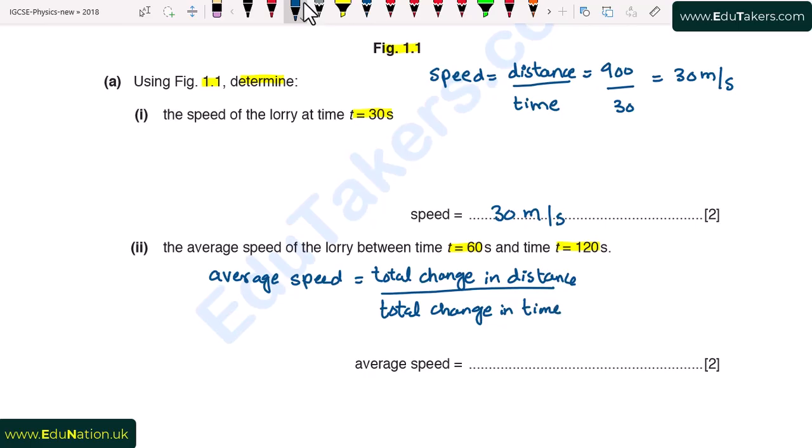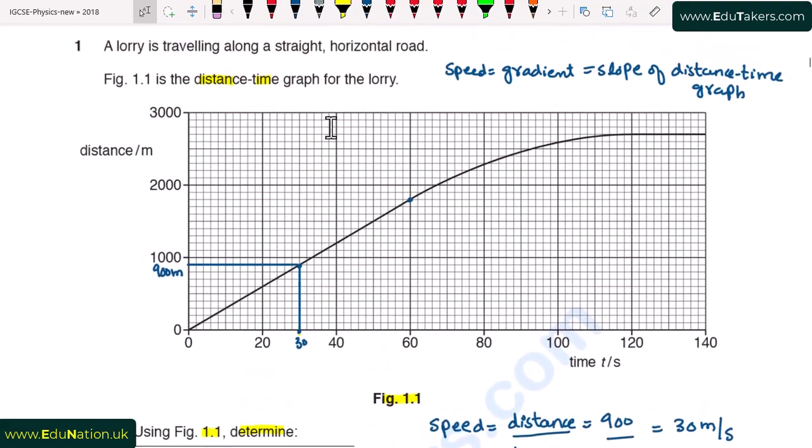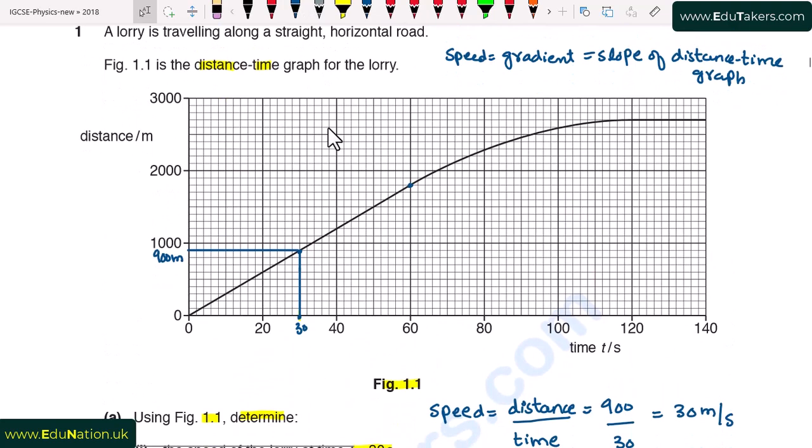Because we have to find the average speed between two points, at time t equal to 60 and 120 seconds. So going back to the graph, 60 seconds is this point and 120 seconds is this point. So it will meet the curve at this and this point. We join both of these points with the time axis and distance axis.